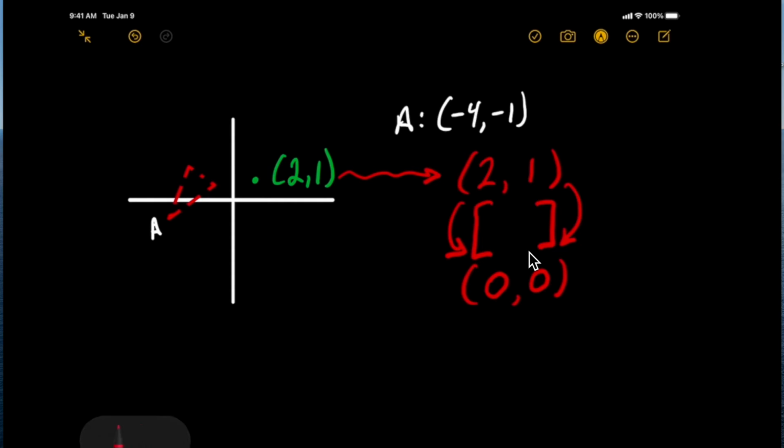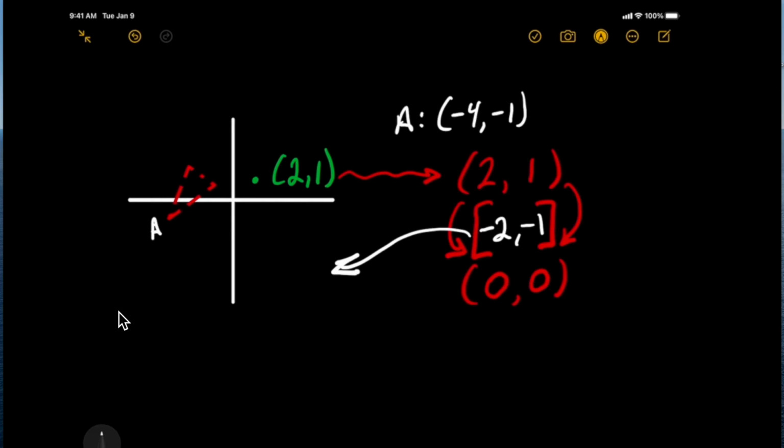To get from 2 to 0, we would subtract 2. And to get from positive 1 to 0, we would subtract 1. This is what I am going to apply to all of the points on the triangle to, in effect, create a situation where we are actually rotating about the origin.